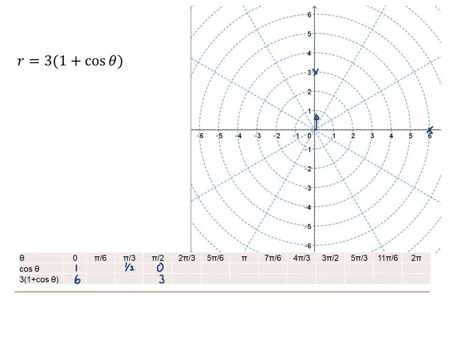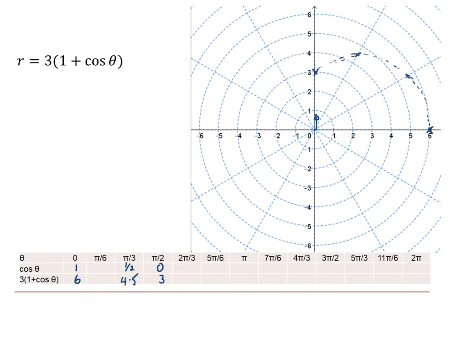Now pi by 3 is the second line going through there. So we've reached 4.5 at that value there. And so you can see that what's happening is we're starting off large at 6 and then gradually reducing.